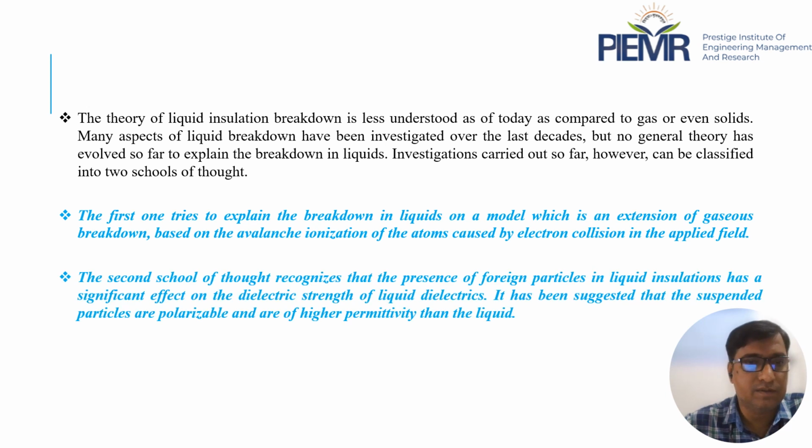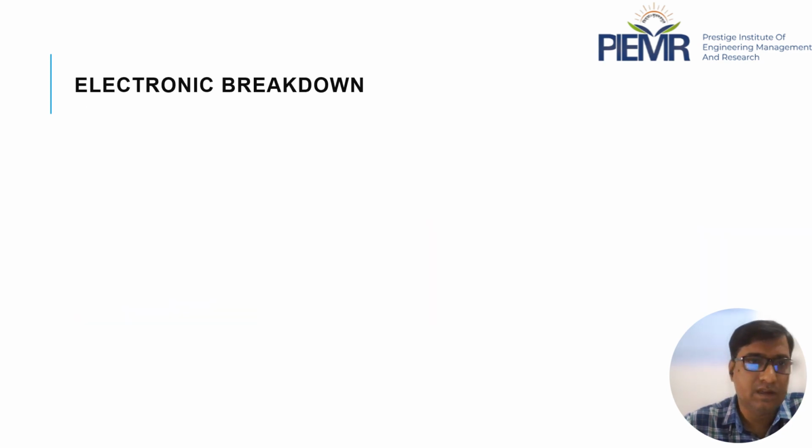The second school of thought considers that the presence of foreign particles in the liquid insulation has a significant effect on the dielectric strength of the liquid dielectrics. It has been suggested that the suspended particles are polarizable and are of higher permittivity than the liquid.